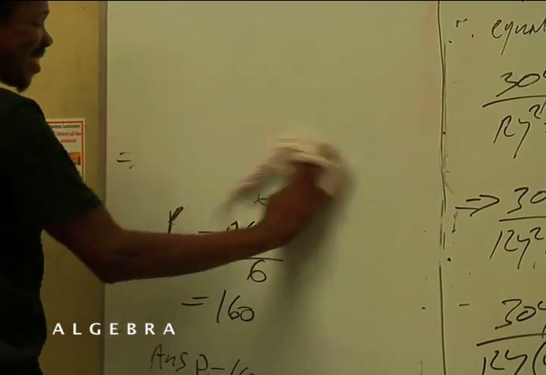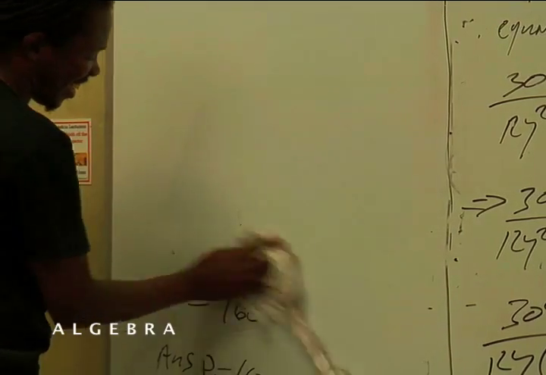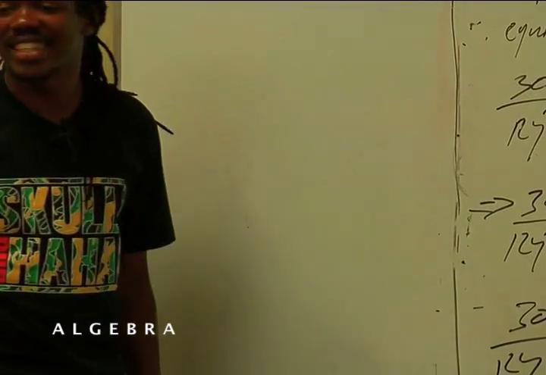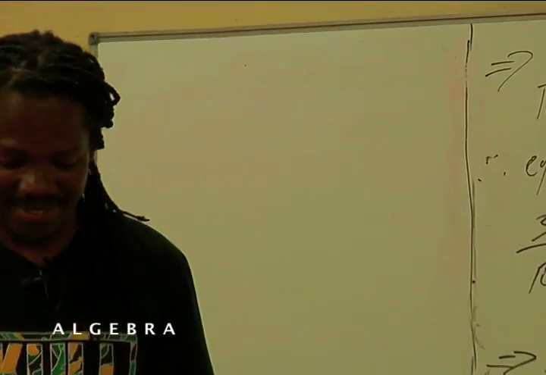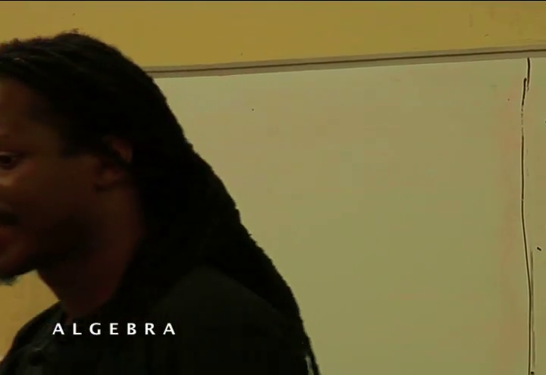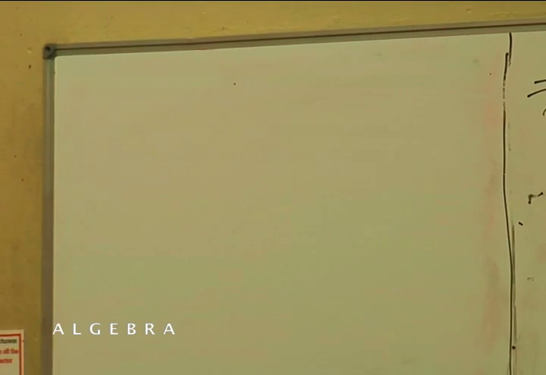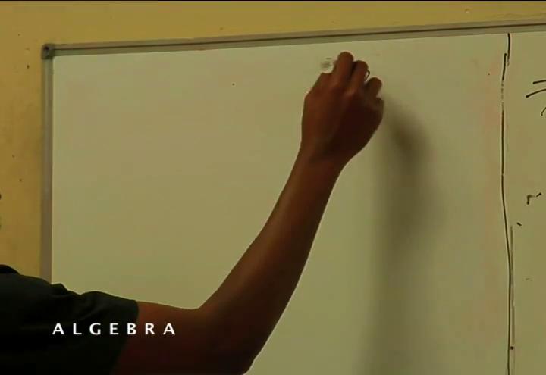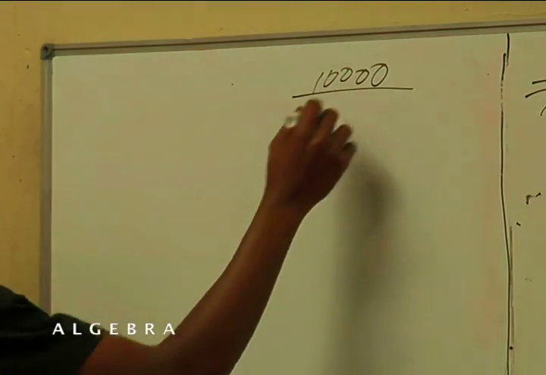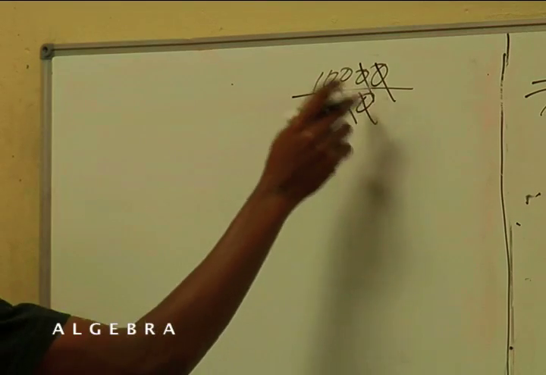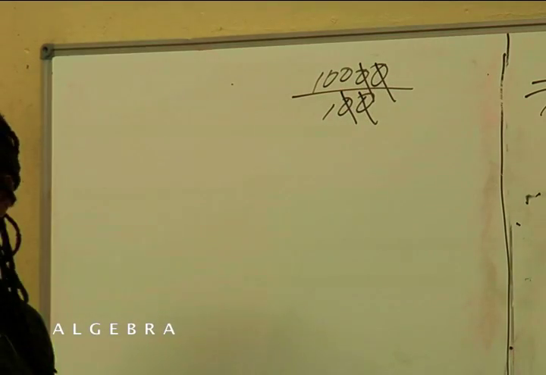How much is 10,000 cents? 10,000 cents is $100. That's better than 10 cents. 100 cents make a dollar. Equal $100. Remember it's fast.